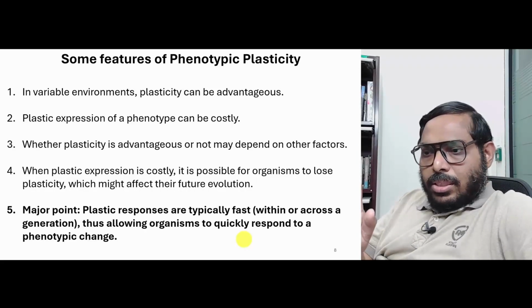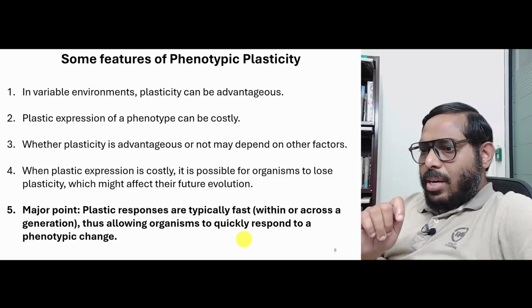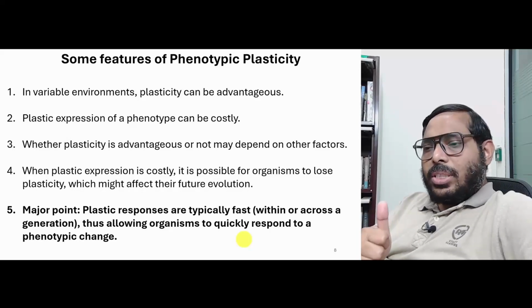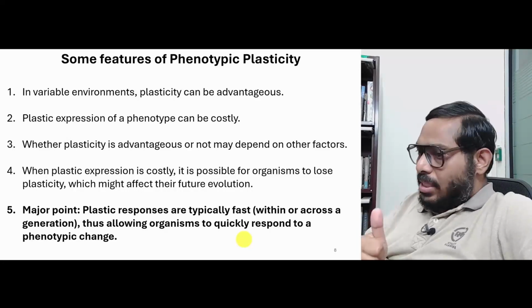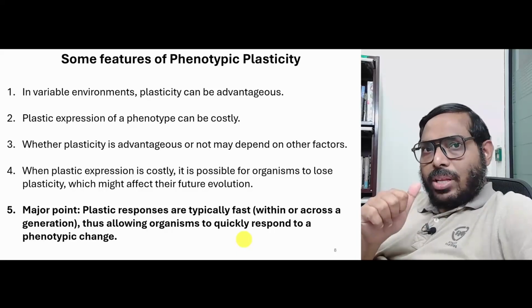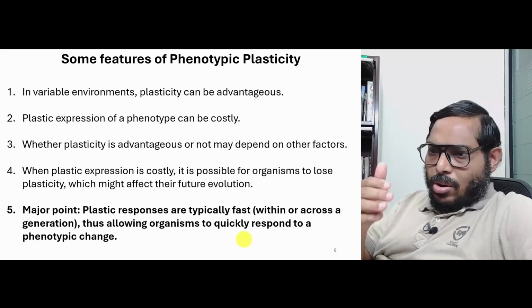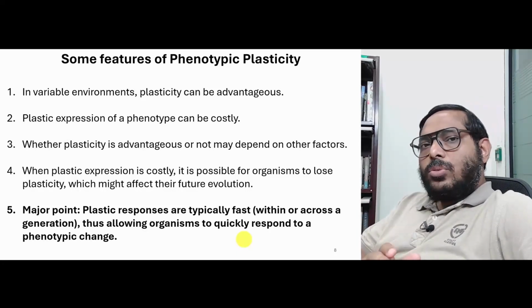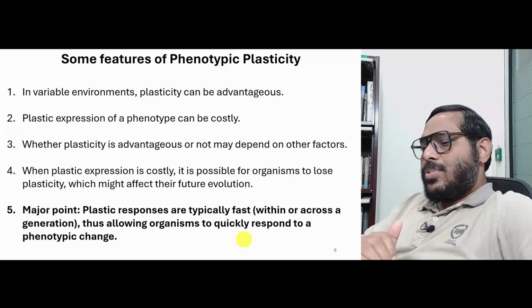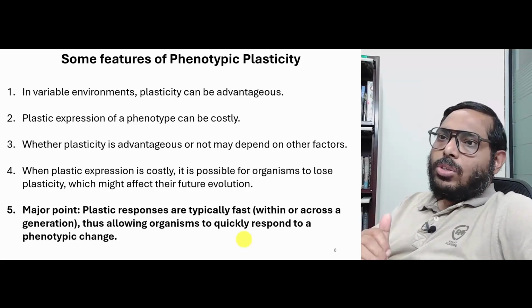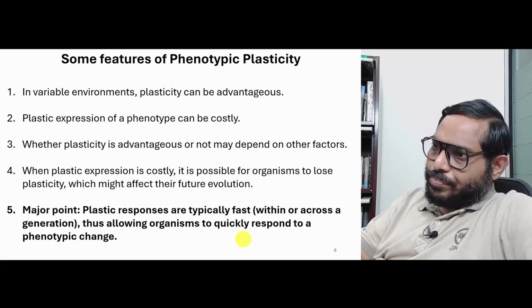And finally, this is not something that is coming from this experiment, but plastic responses are typically fast. Sometimes they can happen within one generation or maybe 1 or 2 generations, and that is why this allows organisms to quickly respond to a phenotypic change.